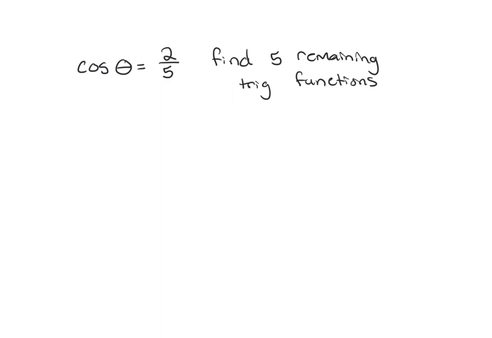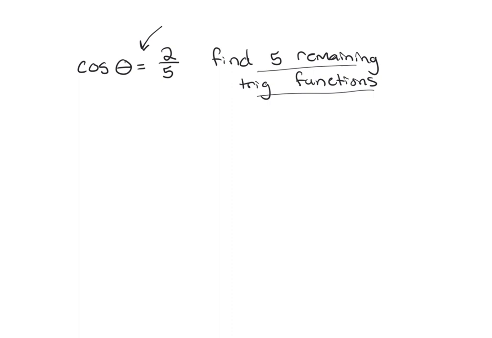Okay, so our last examples, you'll be given this here. Like cosine of theta, cosine of an angle is equal to 2 over 5. So with that information, can you find the remaining 5 trig functions?